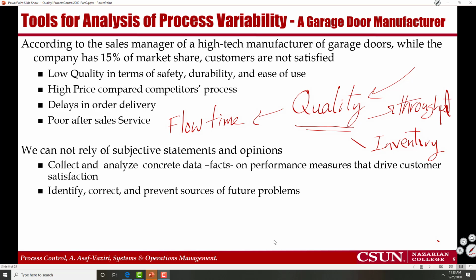So they can be implemented to analyze all capabilities of a manufacturing or a service process.